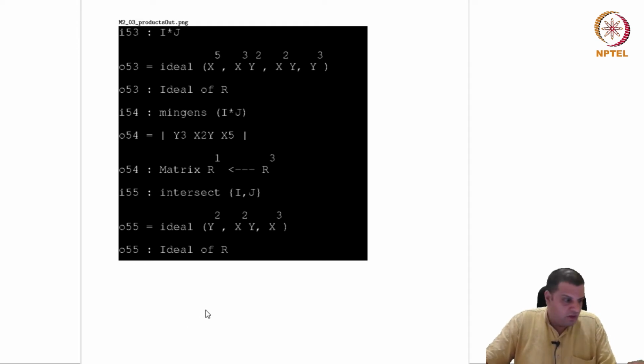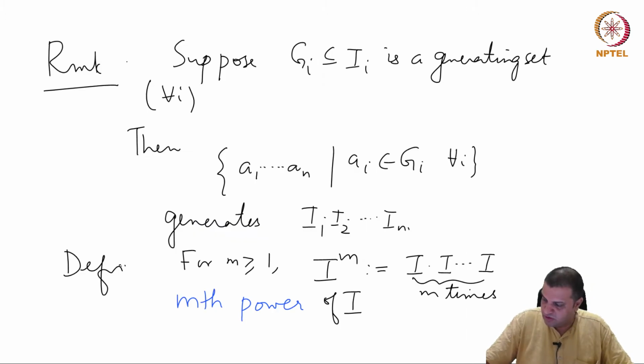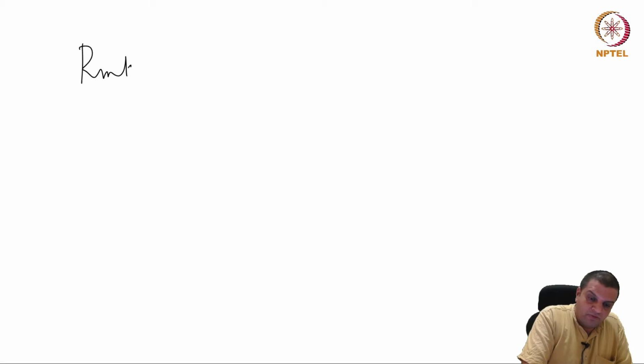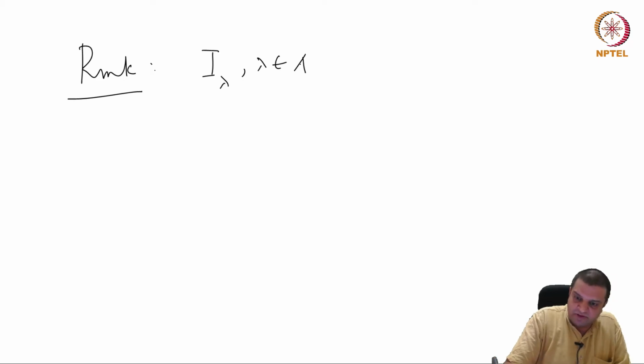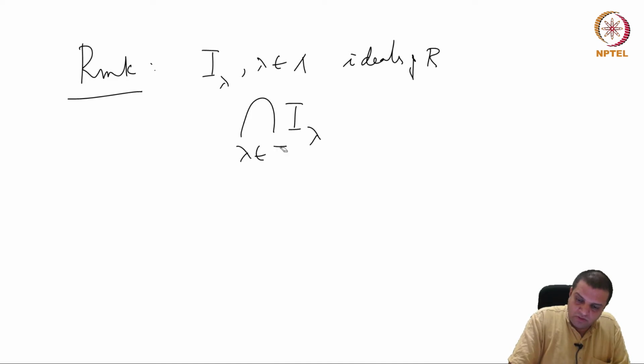So just a remark. If you have a family of ideals, not necessarily a finite family, then the intersection is an ideal.